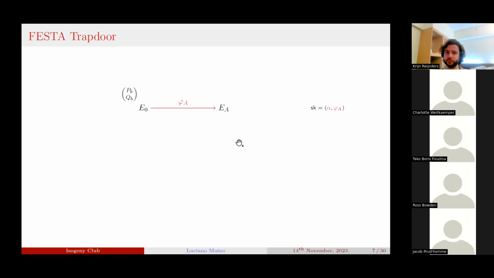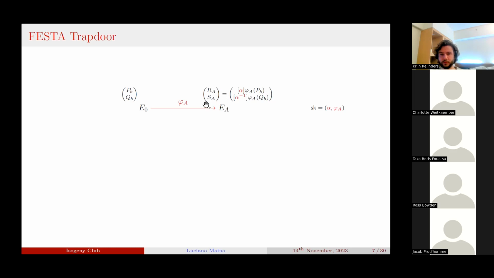For the secret key, we have an integer alpha and the secret isogeny phi_A. The secret isogeny phi_A originates from E0 and maps onto EA. And then we use this scalar alpha to mask some torsion. So basically we evaluate phi_A at PB and QB, and then we mask phi_A(PB) by alpha and phi_A(QB) by the inverse of alpha.